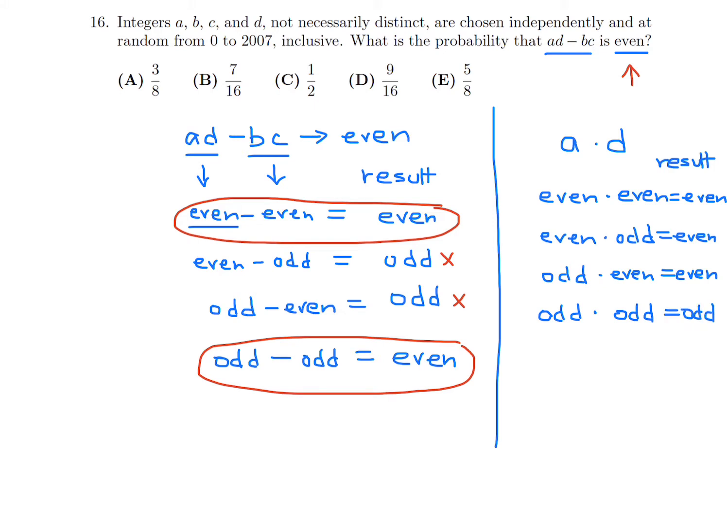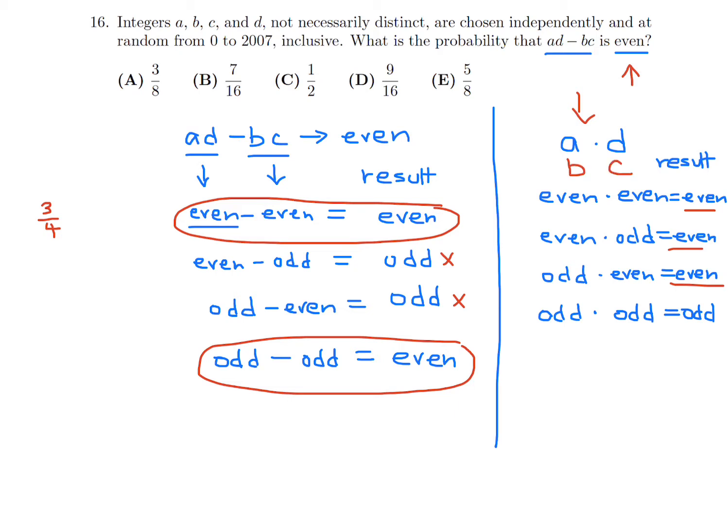So here we go. For this guy right here, even for AD, what's the probability of getting an even for AD? Well, look over here. Even. Out of the 4 possible ways, it happens 3 times. So the probability is 3 over 4 for AD to be even. Now I've got to look at this guy, even for BC. Well, the same story.